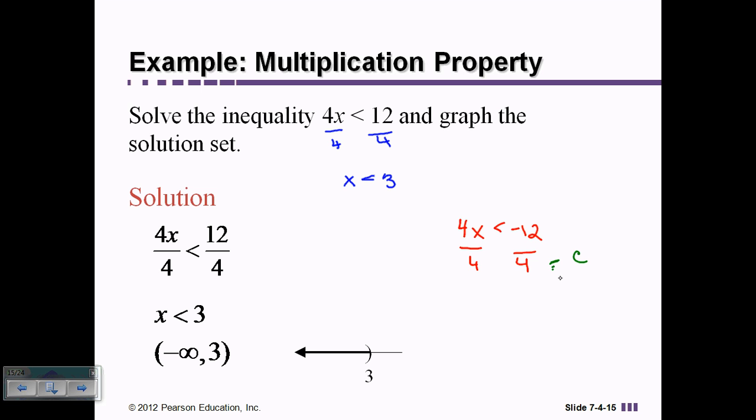So this 4 is c, and this 4 is c. C is positive. So I'm multiplying both sides by a positive number. So the direction of the arrow does not change. It's only when the number that we're multiplying or dividing by is negative that the arrow changes directions.